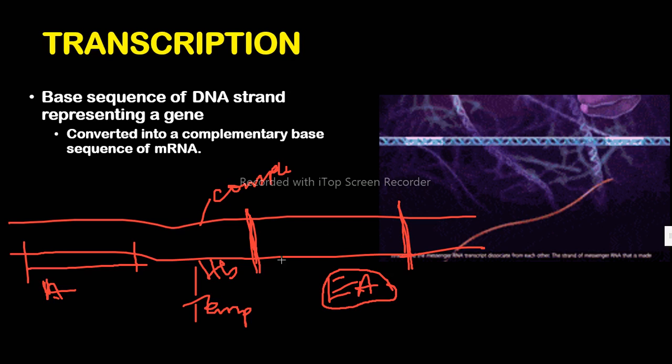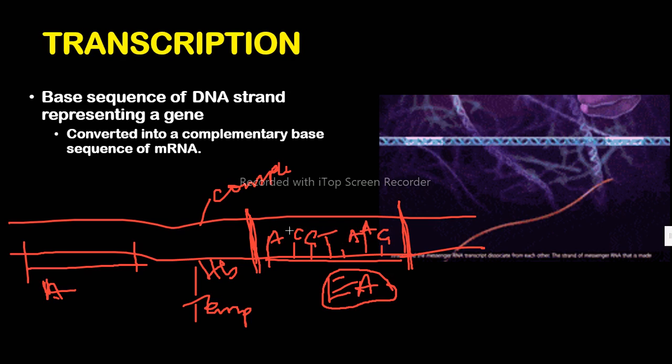Now the process of converting the base sequence: maybe you have A here, C here, G here, T here, and then A, A, and finally G. So this is the base sequence that represents this gene on DNA.